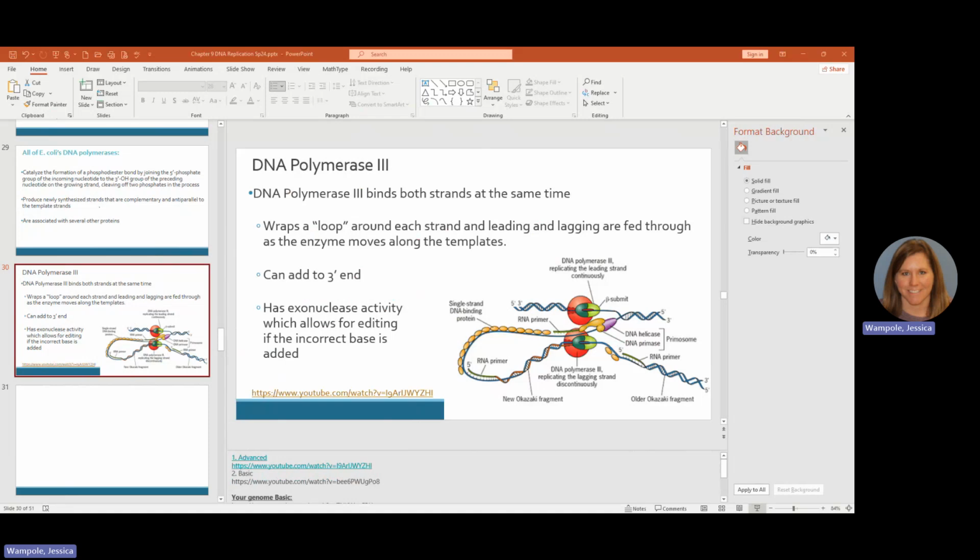The reason that we call it the lagging strand is that replication is forced to wait until the leading strand forces the replication fork open or open farther.